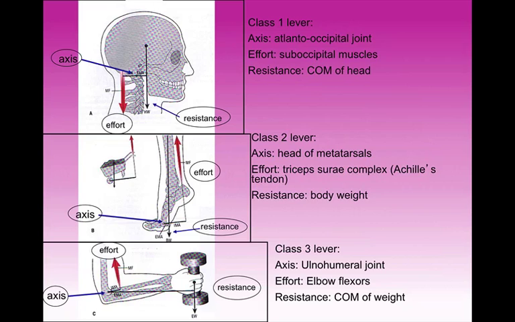If you look at the axis of motion occurring right in the middle of that motion segment, right in the middle of the atlas, the center of mass of the skull lies just anterior to that axis, which is considered the resistance force, and the muscle force or the effort force that is trying to not let your skull just fall forward would be your suboccipital muscles, which lie posterior to that axis of rotation. So here we've got a Class 1 lever. The axis lies in between the effort and the resistance.